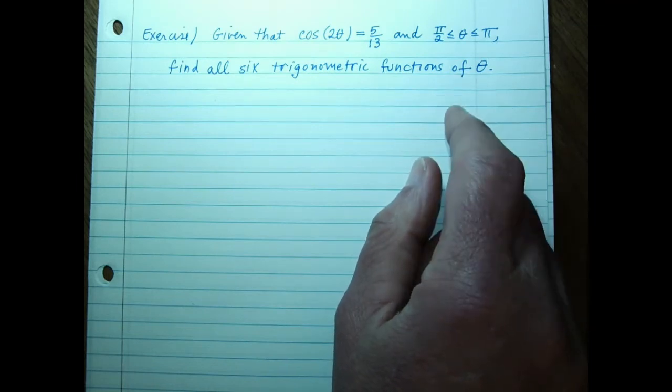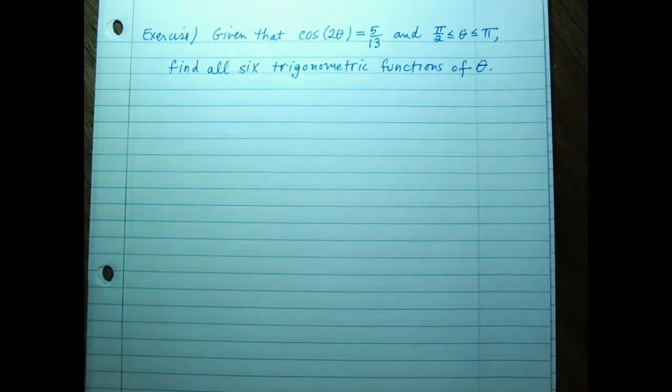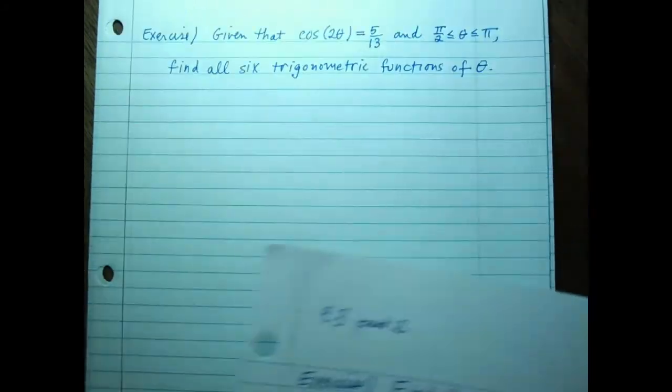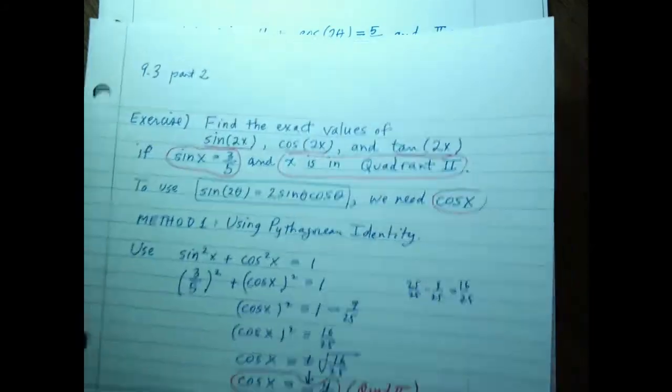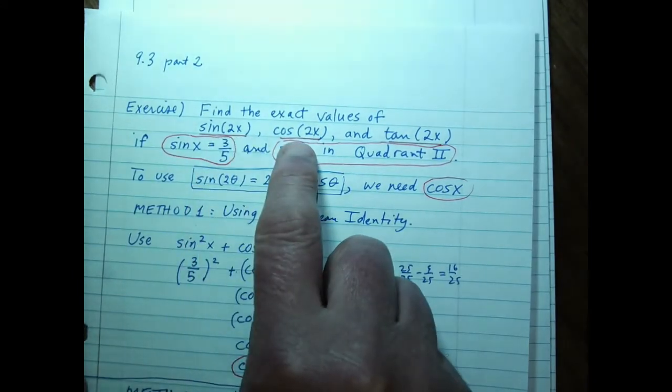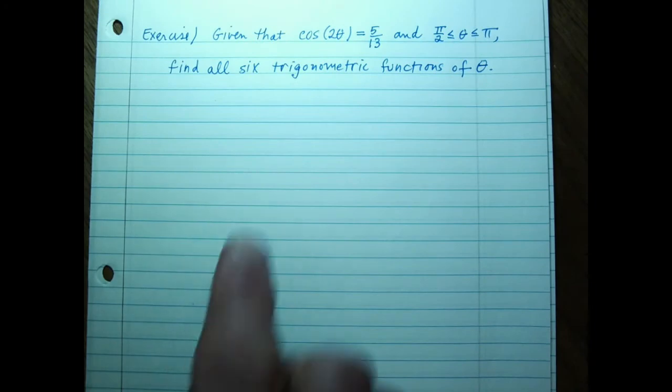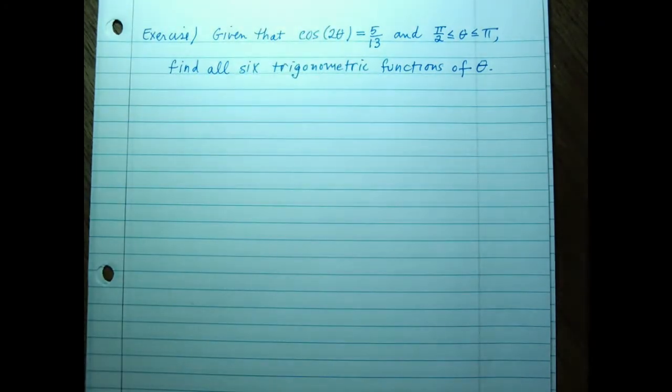Now this seems a little bit like those ones we were doing earlier, like I want to flip to an earlier video. But the weird thing is, there were problems where we were trying to find the double angle trig function values. Here we're given the double angle values, and we want to work our way backwards.